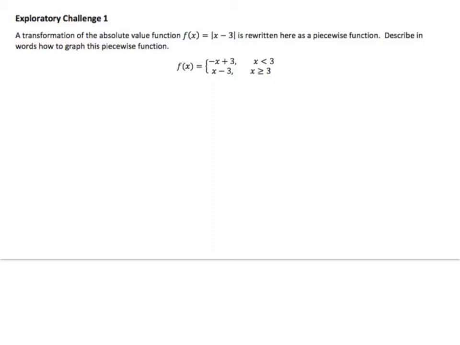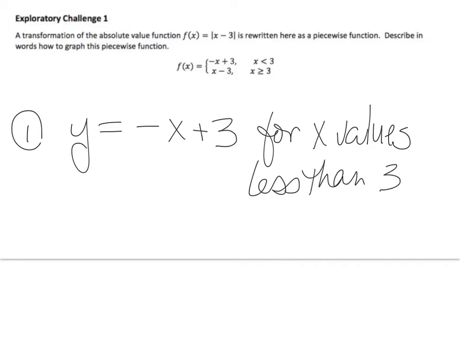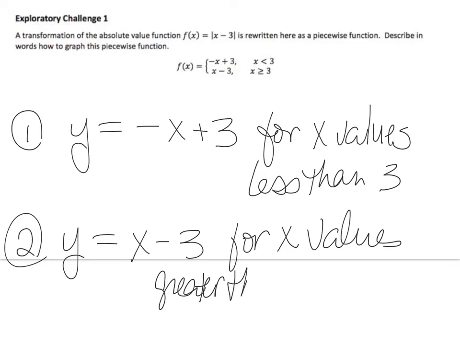First, I would graph the line y equals negative x plus 3 for x values less than 3. Then I would graph the line y equals x minus 3 for x values greater than or equal to 3.